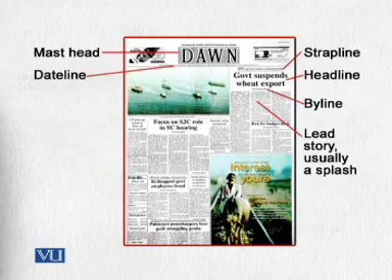Now, please try to understand the difference between a lead and a splash. The lead, as I told you before, is the body of that very news, which you are calling the main story on the front page. Splash means three things. Splash is the one which has the main headline.